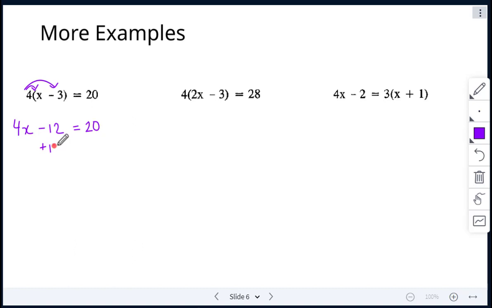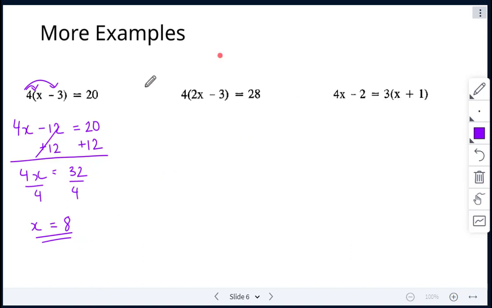We're going to add 12 to both sides. That gives me 4x is equal to 32. Then we're going to divide by 4, and x is equal to 8. I'll give you a moment to try the next one.